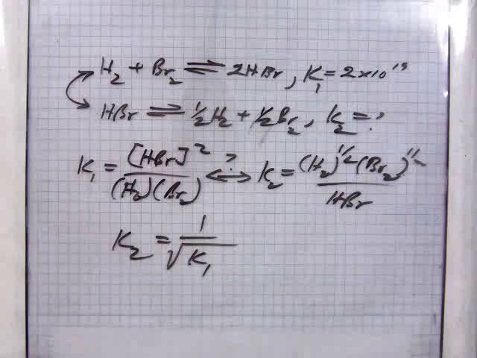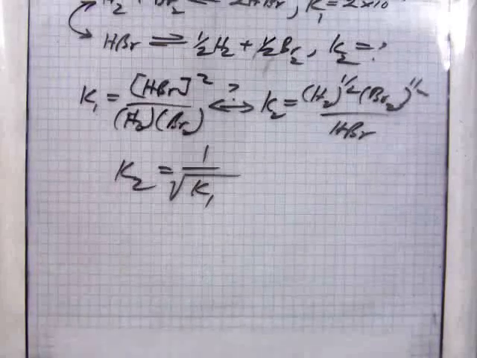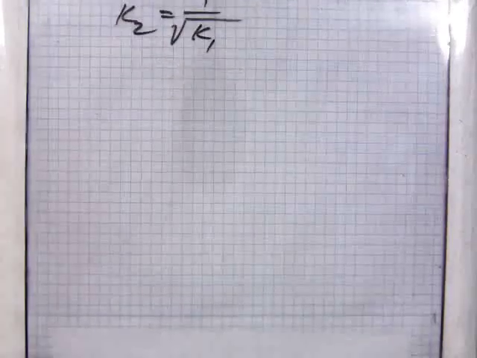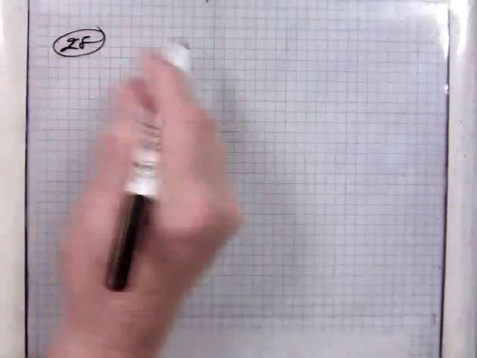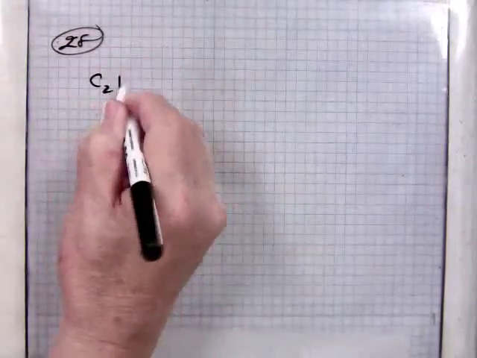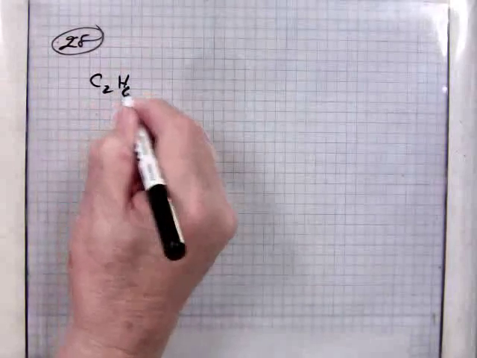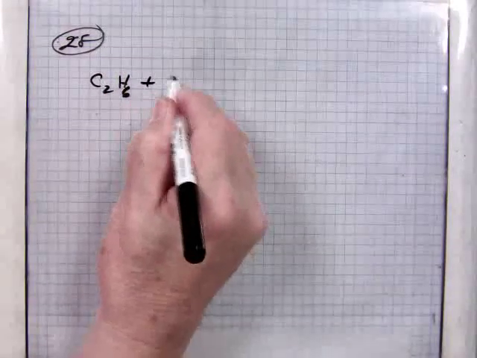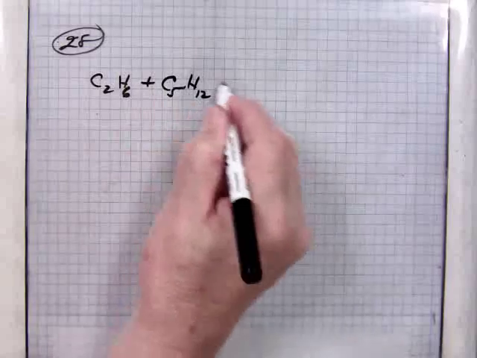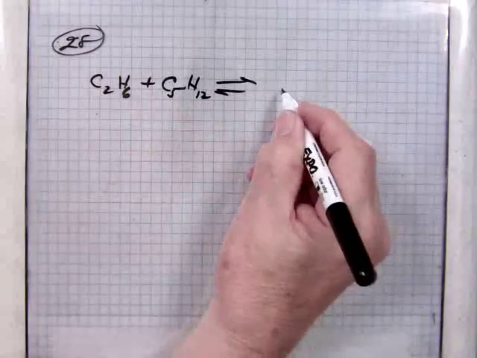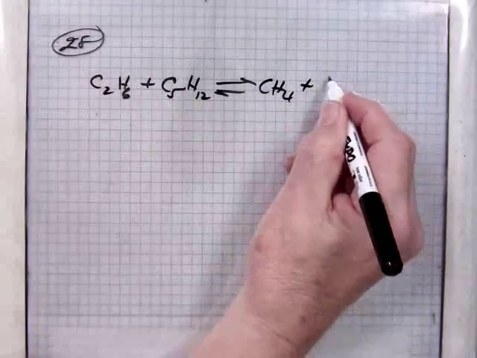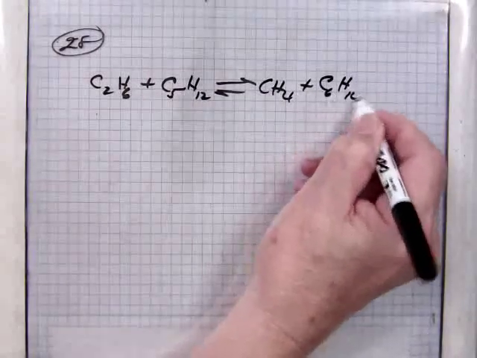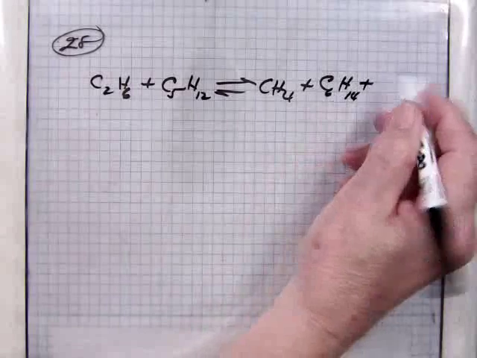Number 29. They give you a reaction here. What is that? C2H6 plus C5H12, plus C6H14, plus, that's it.